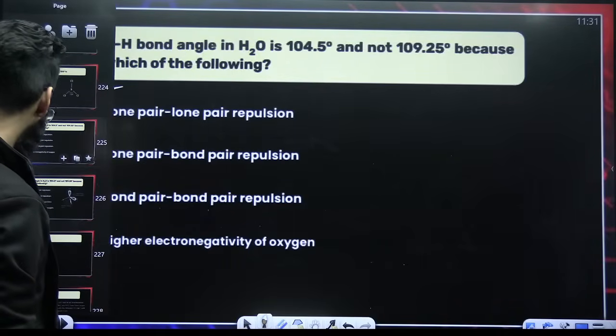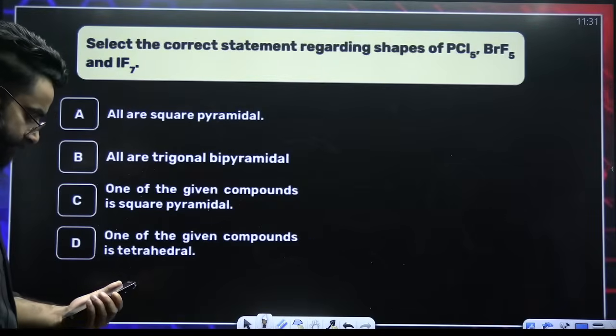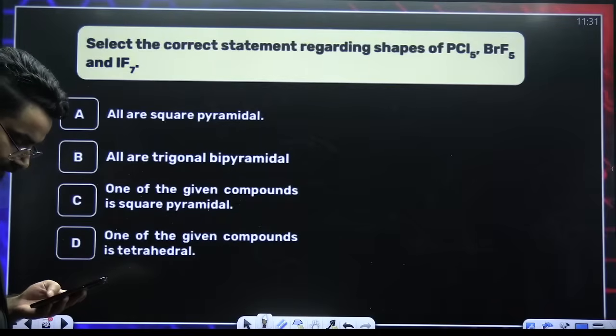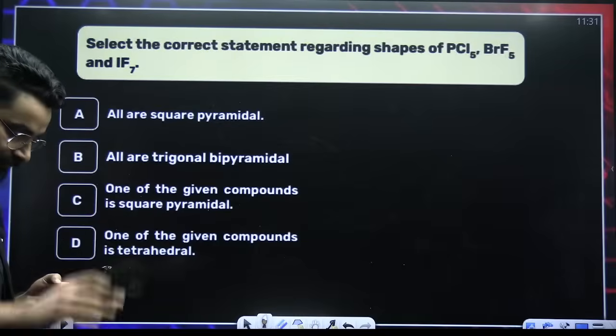Okay? What do you think about this one? Quickly, in the chats. I'm looking at your chats only.